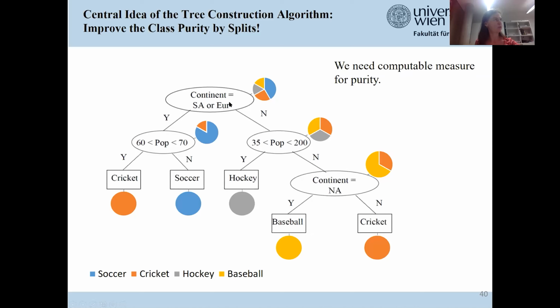And our first split is continent equals South America or Europe. And when we go down to the left subtree, we can observe that this left subtree already is much more class pure. It mostly consists of soccer instances, and there are some cricket instances also. And when we split it further down, we get to class pure leaves.